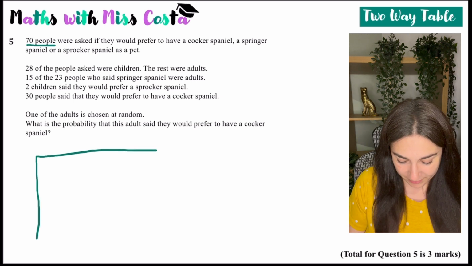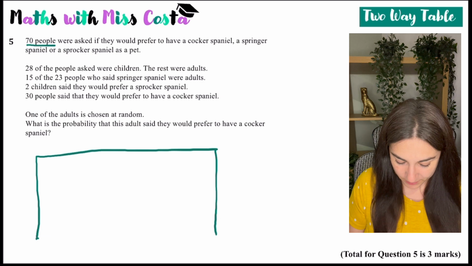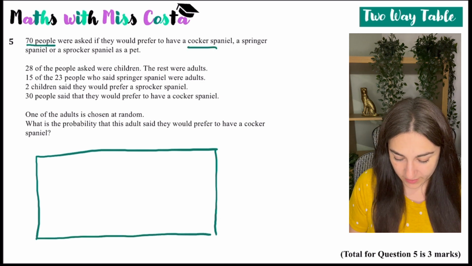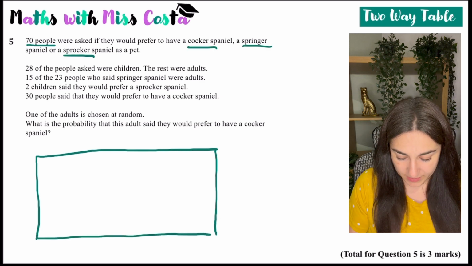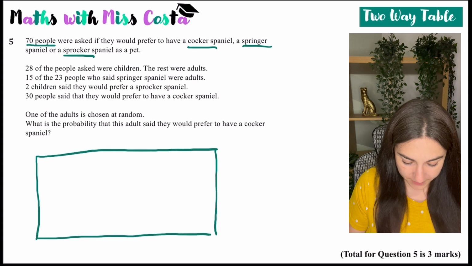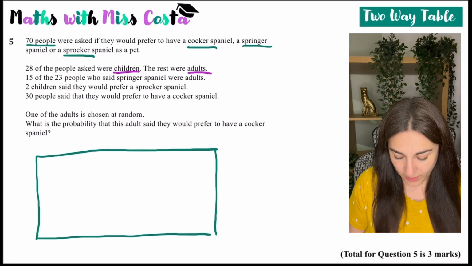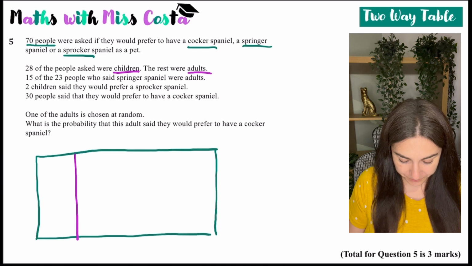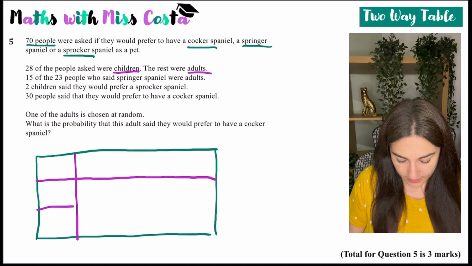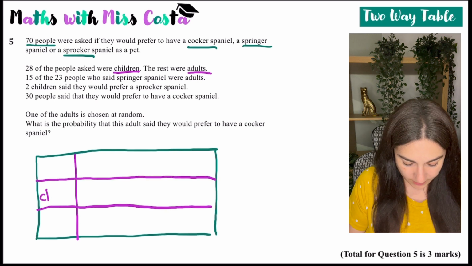So let's have a think. I know 70 people have been asked. I know there are 3 options, a Cocker Spaniel, Springer Spaniel, or a Sprocker. And I know that the people that were asked were children or adults. So I could form a two-way table.